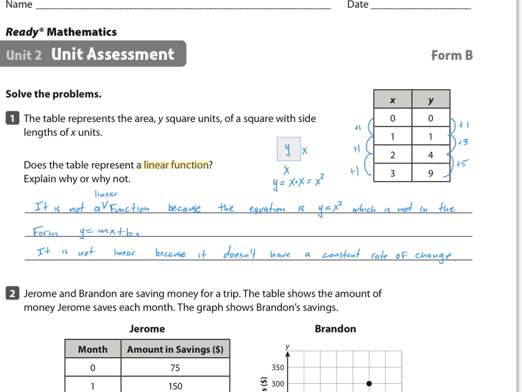Okay, it's not a linear function because it doesn't have a constant rate of change.